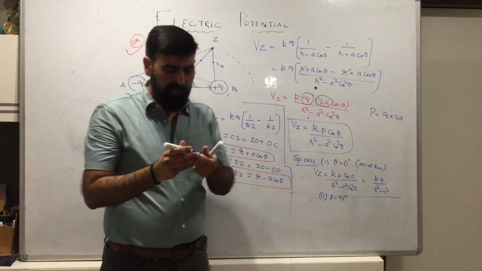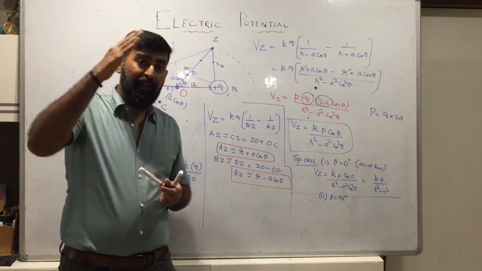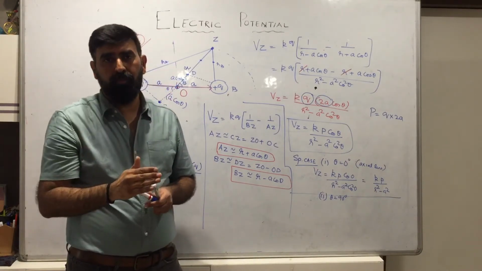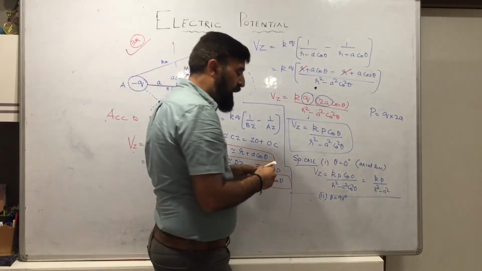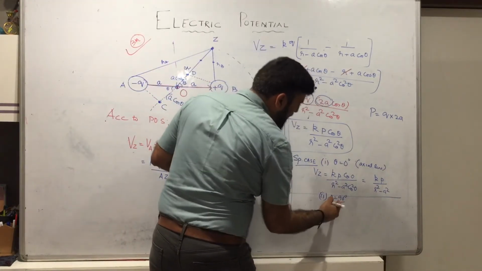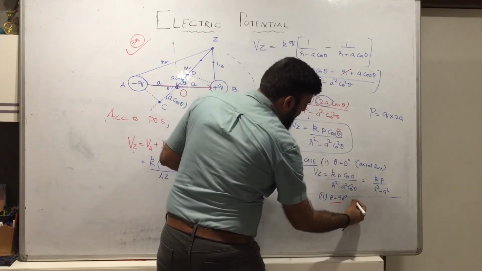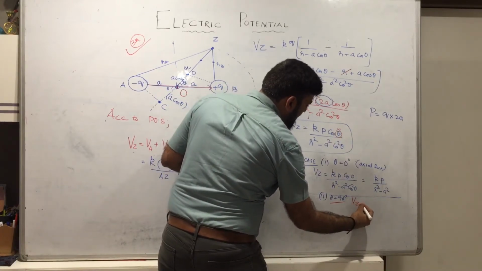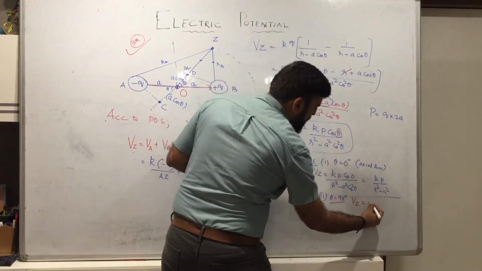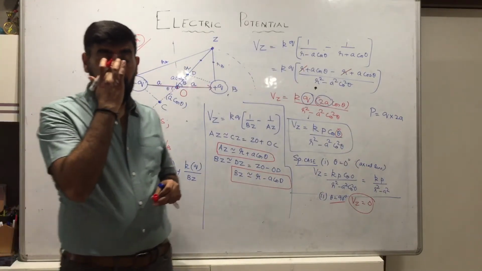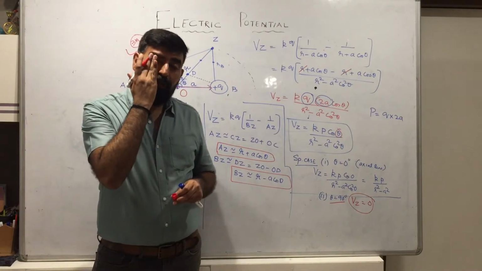So remember what is the electric field on the equatorial position? Electric field on the equatorial position was K P by R cube, right? But if you carefully look here, if you put theta equal to 90 in this expression, we get VZ, cos 90 is 0. Oh wow. So electric potential on the equatorial line of the dipole is 0.